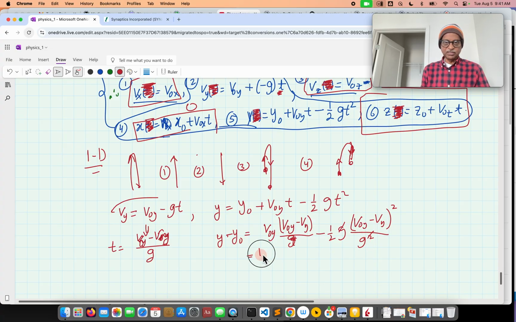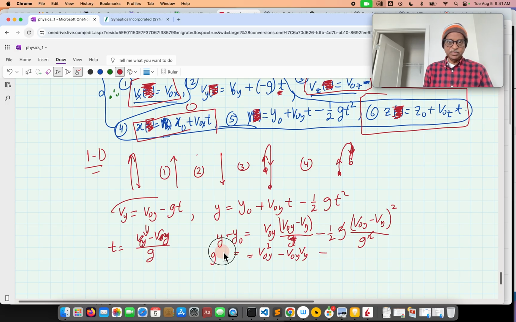So let's expand this out. V0y squared minus V0y Vy. Let's get g times y minus y0, so multiply by g both sides. So just keep the other parts.